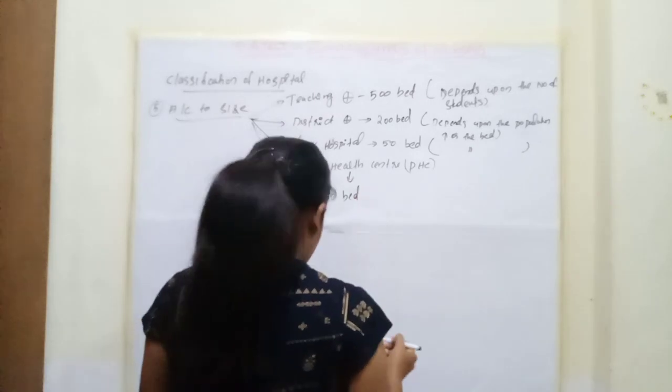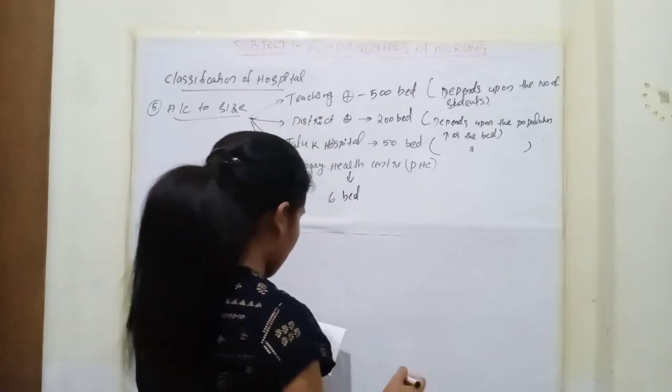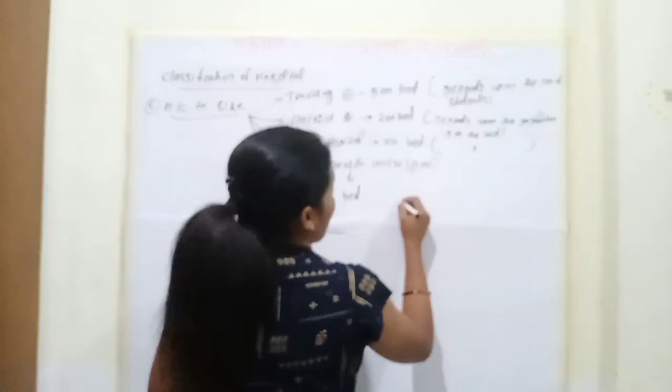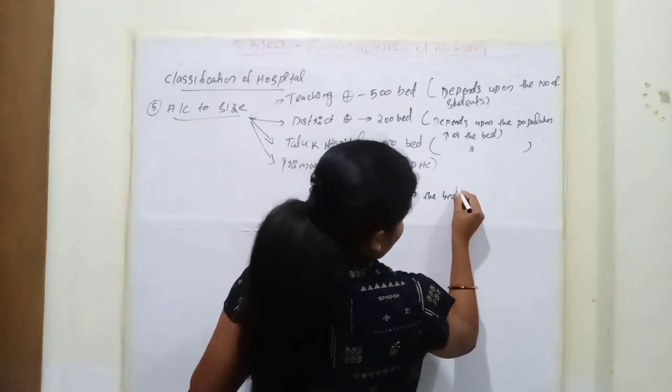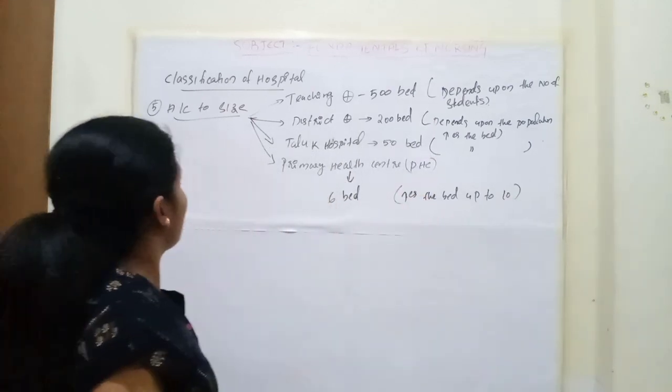It should have 10 beds. Sorry, it will have 6 beds. According to the patients, they can increase the beds up to 10. So that is the size of hospital.